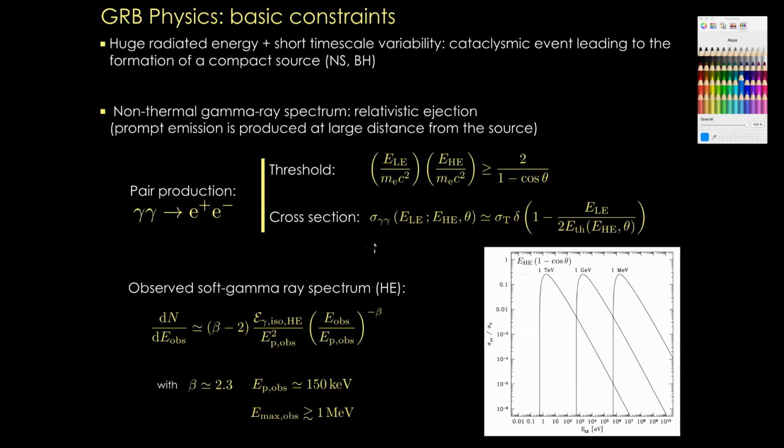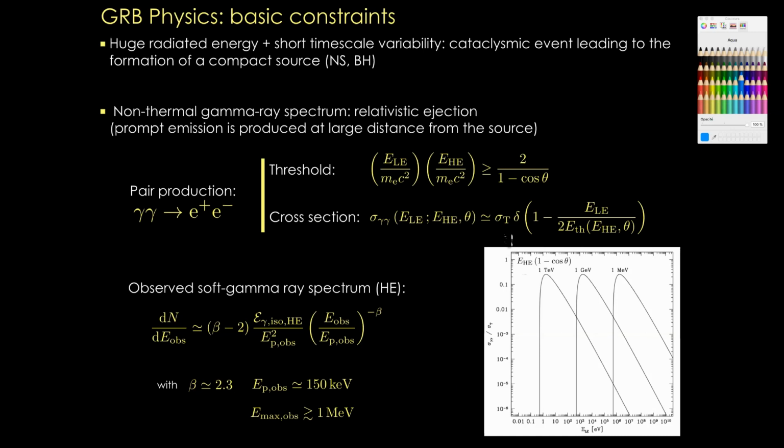And then there is a complex cross-section, but as I said yesterday, it can be well approximated by a Dirac delta function at an energy which is twice the threshold of the interaction. And as it's an interaction between photons giving leptons, it's not surprising that the normalization here is the Thomson cross-section.